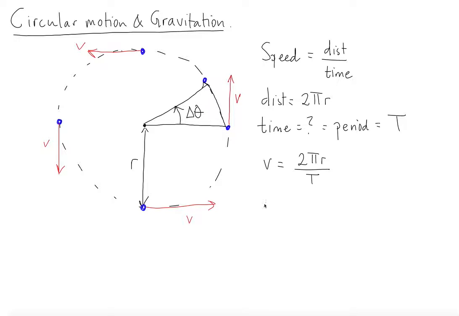So we choose to define something called the angular speed, omega, to equal the angle swept over the time taken to sweep that angle.